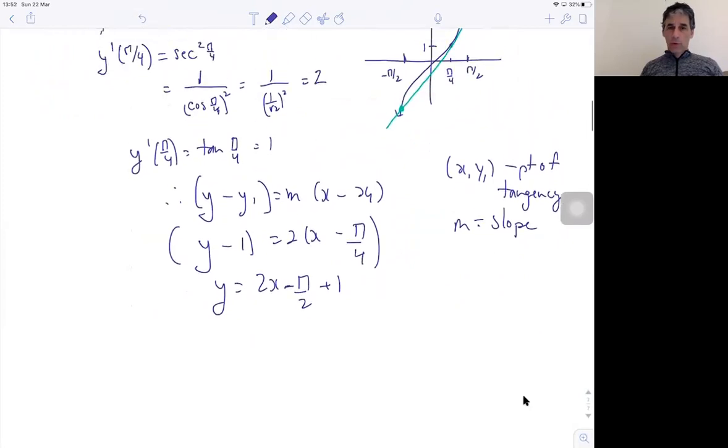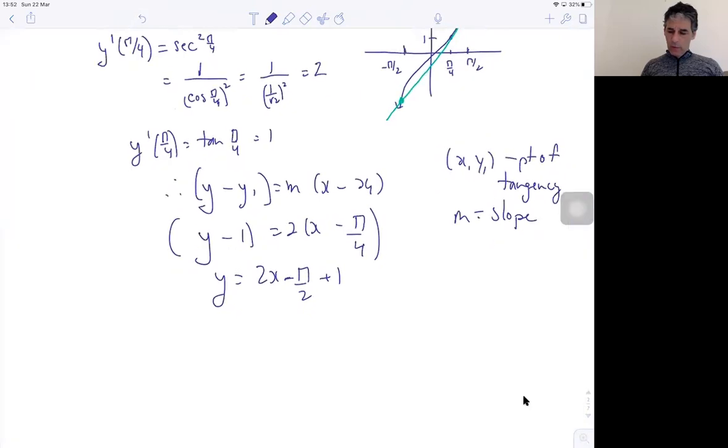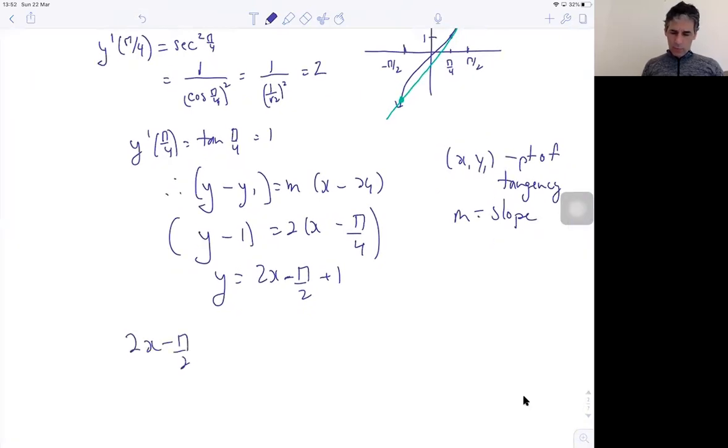We want to know where it's going to intersect the graph a second time. So what we need to do is make this equation, 2x minus pi over 2 plus 1, for a point of intersection, has got to equal the graph itself, which is tan x.